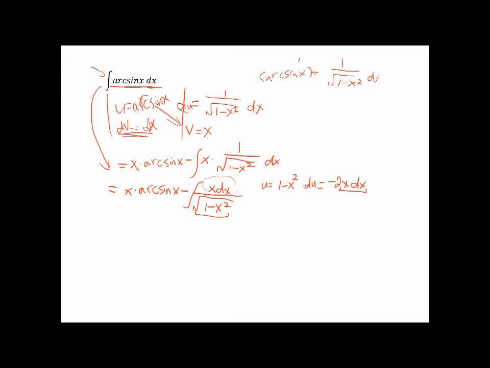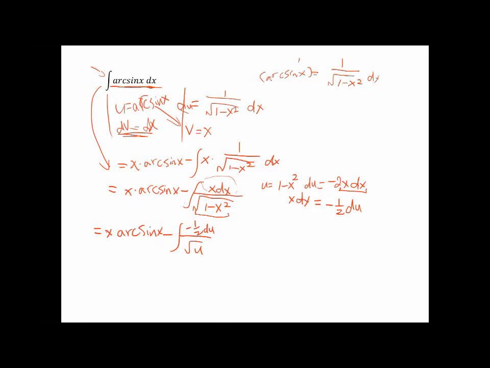Based on this, I know x dx equals negative 1/2 du, right? Plug in. So x arcsine x minus, here is square root u on the bottom, on top is negative 1/2 du for x dx.